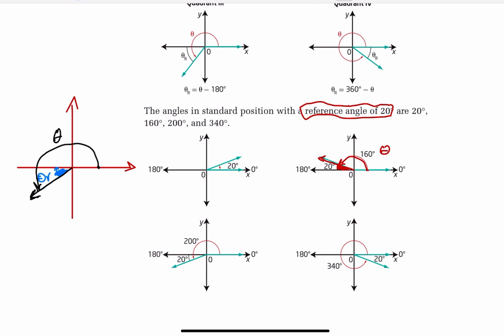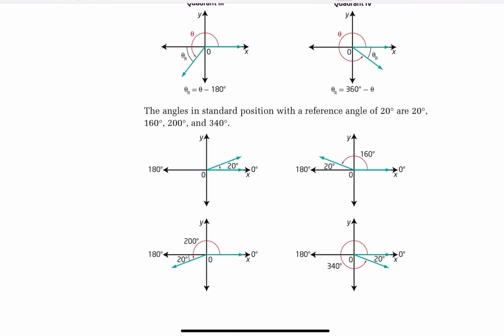For example, another example, because when you are given one reference angle, this reference angle can take four positions. Remember this, if you are given a reference angle, it will always be represented in four positions.